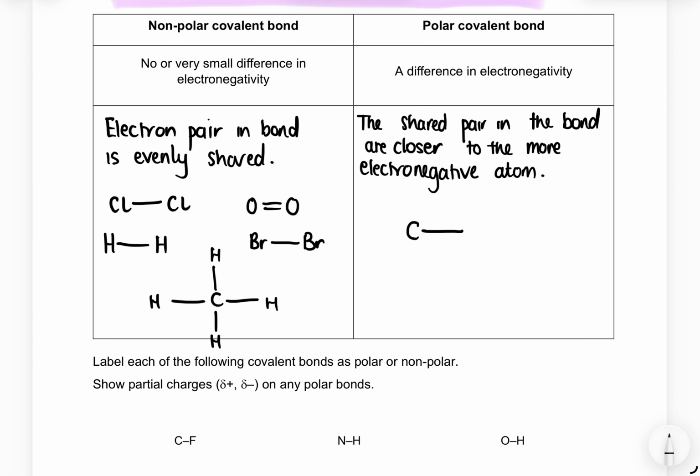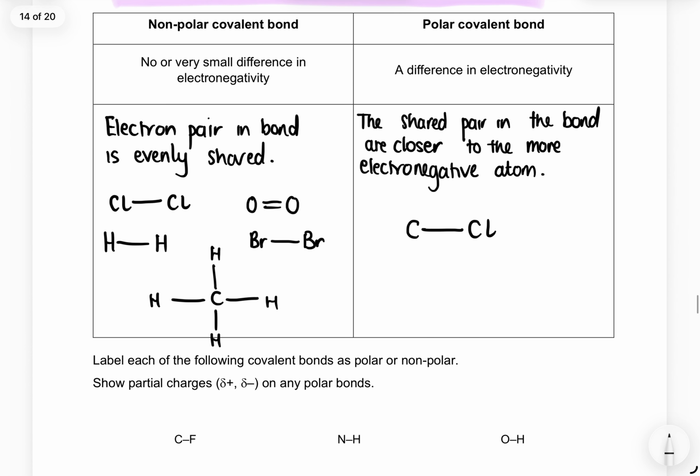So if we had a C-Cl bond, chlorine is more electronegative than carbon because it's further to the right in the periodic table. So we say that the electrons are closer to chlorine and we give it a slight minus.